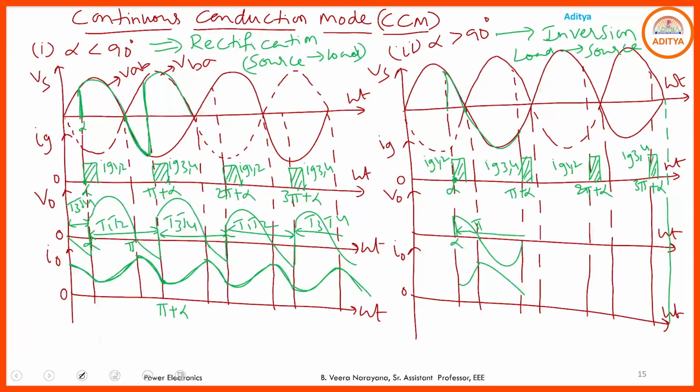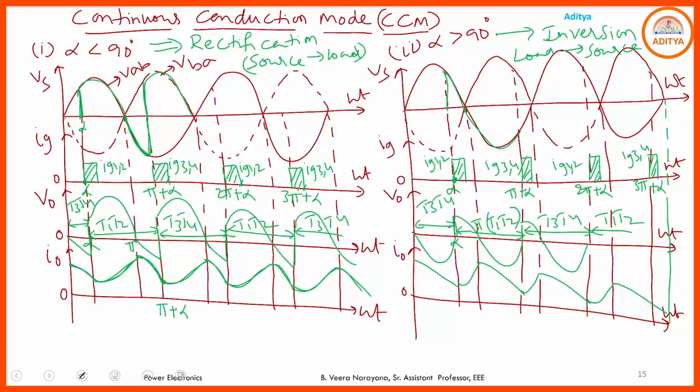So from alpha to pi plus alpha, T1, T2 are in the on state. Again charging due to the conduction of T3, T4, again discharging, charging, discharging. Here also discharging. Here this is the conduction of T3, T4 and again here it is the conduction of T3, T4. It is the conduction of T1, T2.